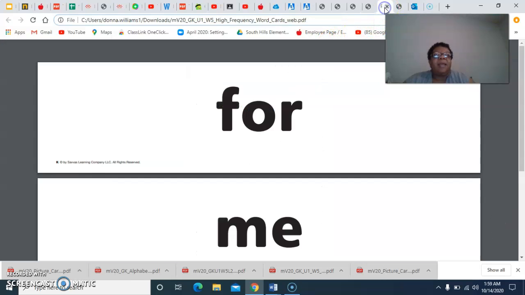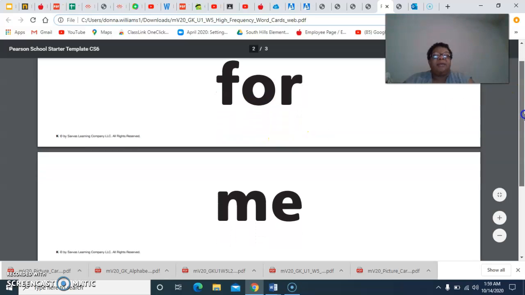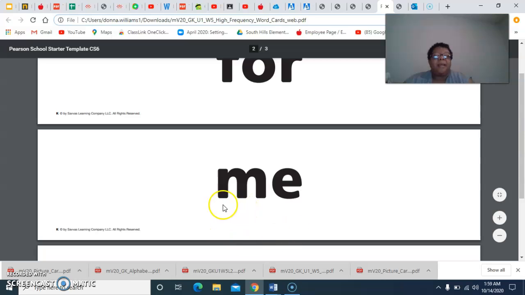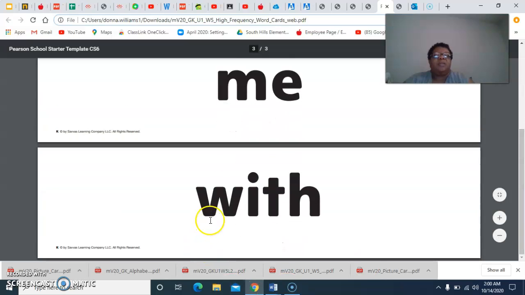Next, I have some sight words. For this week, we have the word for, and then we have me, me, and then we have the word with, with.